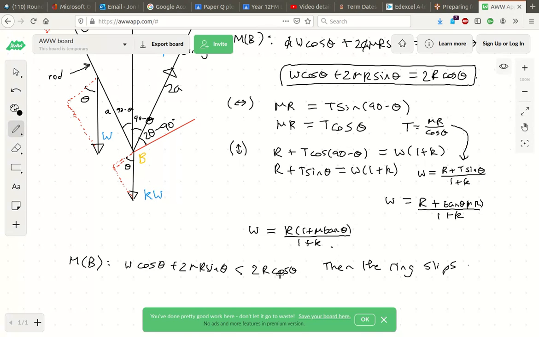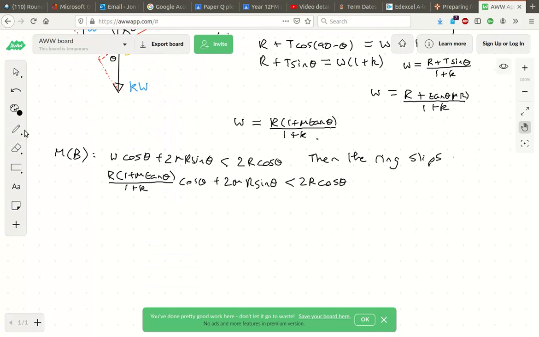So what I'm going to do now is substitute in W, so it's in terms of R, and I end up with R (1 plus mu tan theta) over (1 plus k), multiplied by cos theta, plus 2 mu R sine theta, is less than 2R cos theta. Now the nice satisfying thing about that is my R's disappear and I'm left with an equation just involving mu and theta and k, which is what I was looking for. So let's cross those R's out.